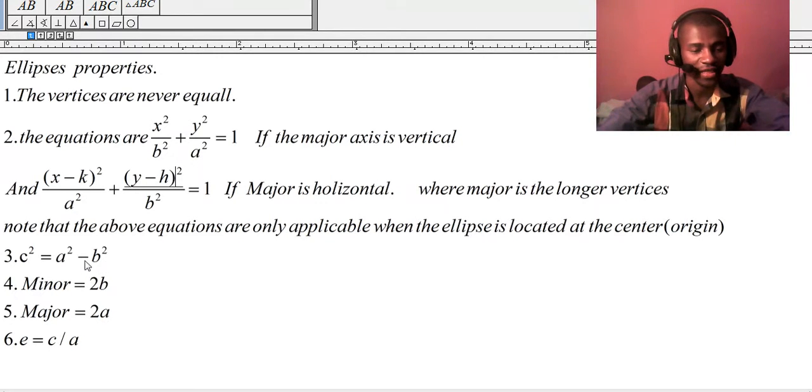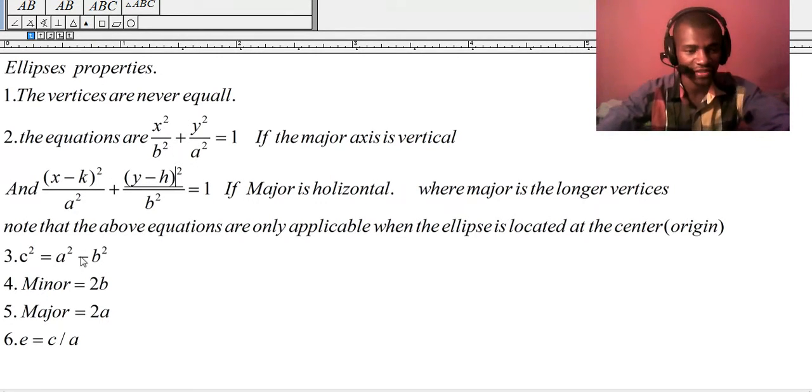You will soon understand why we have this equation in the ellipse. In the ellipse there always exists a right angled triangle, and that's why it gives us this equation. So we are actually just using Pythagoras theorem.